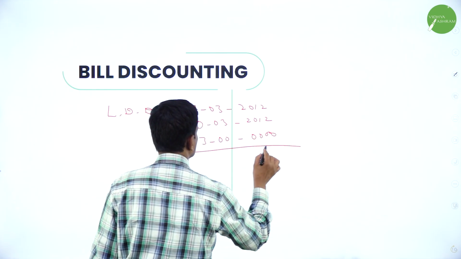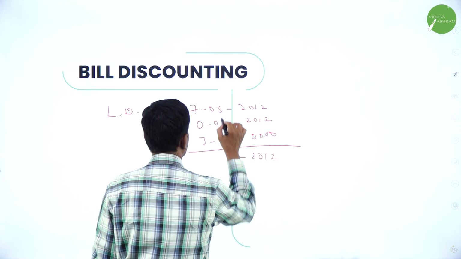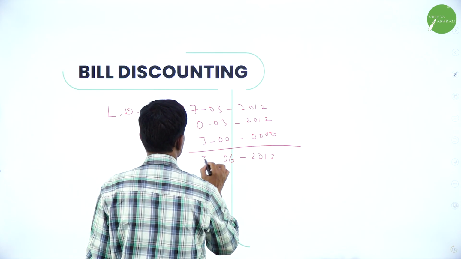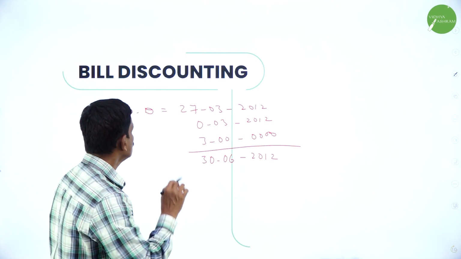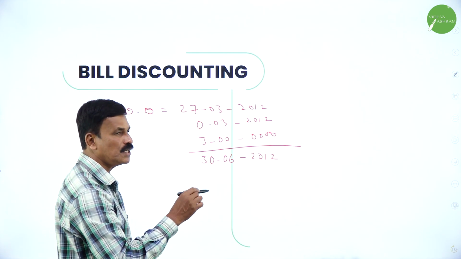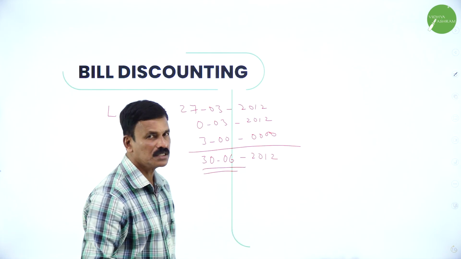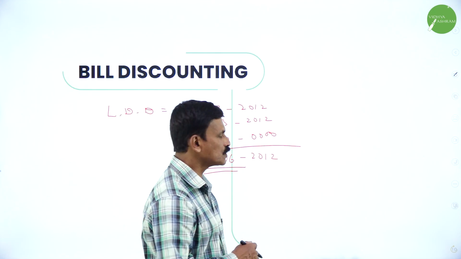So 2012 as it is, 06 and 27, and 3 days means 30. That means 30th June 2012. So the legally due date is 30 June 2012.